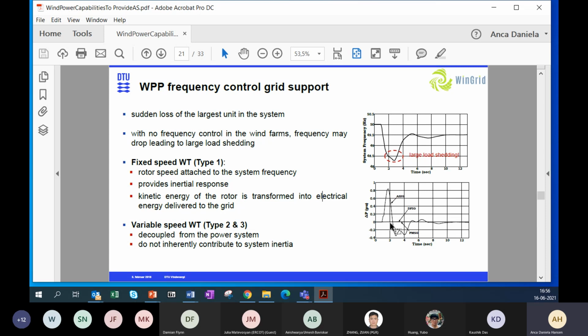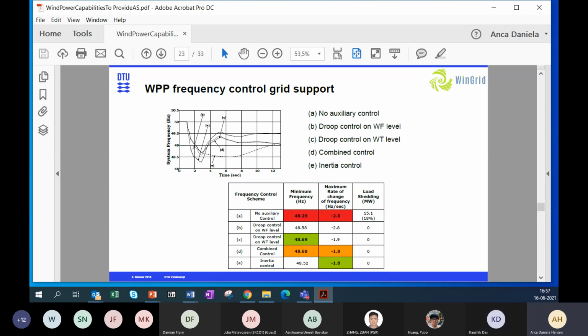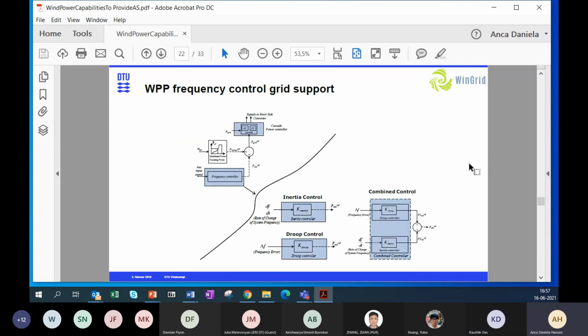They don't see any deviation if you do not equip them with proper control. So here the idea is that there are different ways to control the frequency. You can have inertia control, droop control, combined control, and so on.